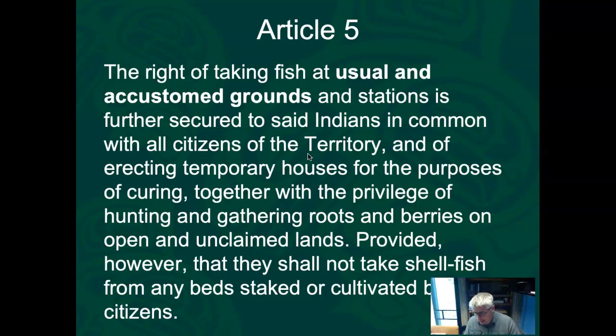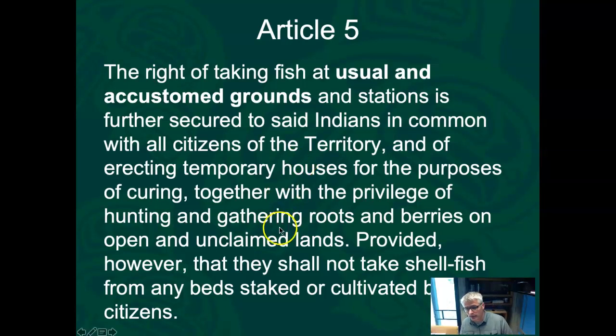This is not saying that tribes have exclusive access, nor that citizens, settlers, and others have exclusive access. It's going to be accessed in common by treaty tribes and citizens of the territory.